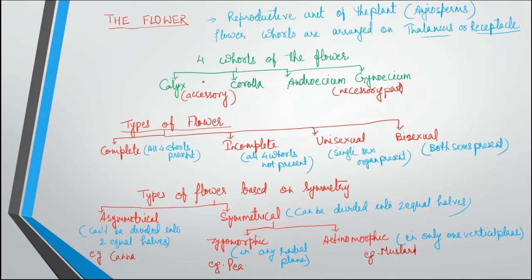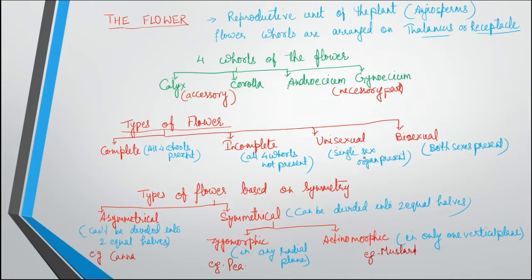Depending upon whether all the 4 whorls are present or not, there are different types of flower. First is the complete flower. If all the 4 whorls are present in the flower, it is known as a complete flower, and if any one whorl is missing, then it is known as an incomplete flower.